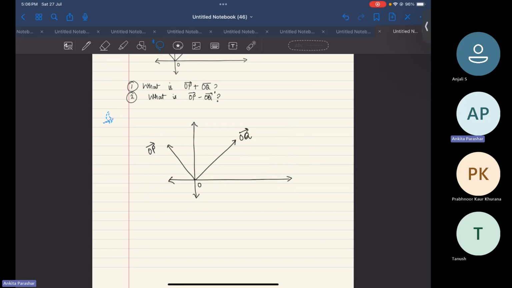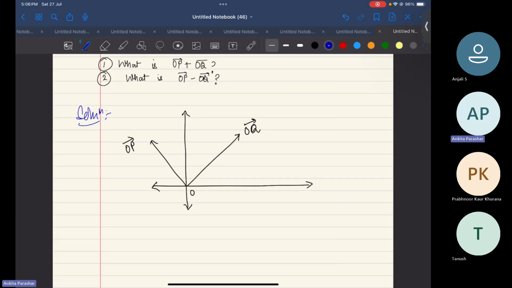So solution. You said we complete the parallelogram first. So let's complete the parallelogram. I'll try to draw it. Okay, so I think this is what you wanted to say. The diagonal is going to give me the sum OP plus OQ, right?